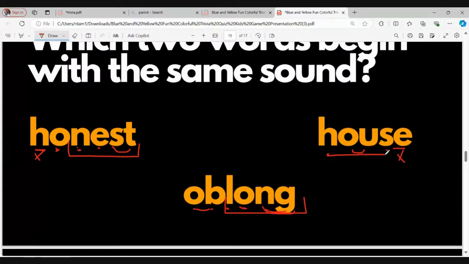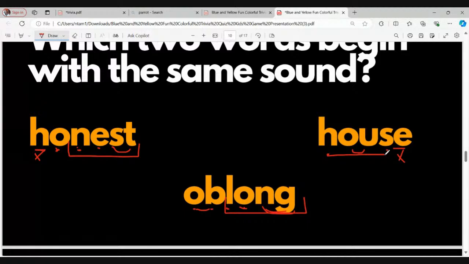Well, I'm sure you're familiar with the house. However, a house is actually like your home or your residence where you live. That building that you dwell in, that would be called your house.